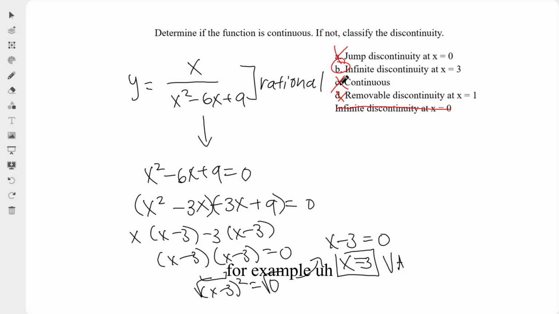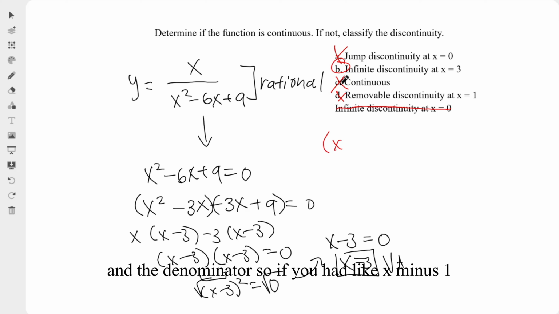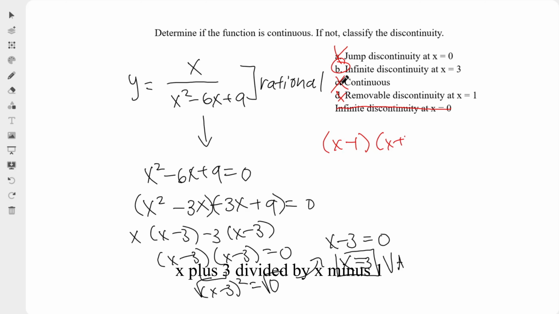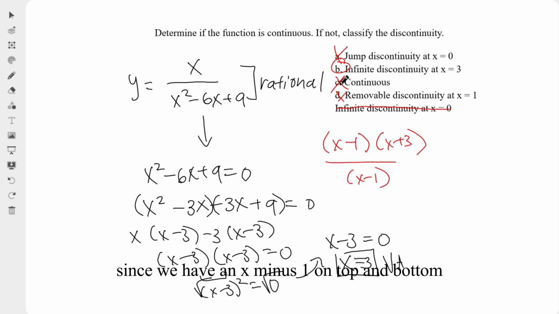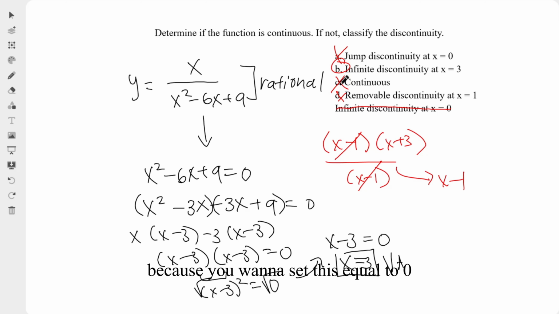For example, a removable discontinuity is when you have a factor that cancels in the numerator and the denominator. So if we had like x minus 1, x plus 3 divided by x minus 1, since we have an x minus 1 on top and bottom, these would cancel. And that would mean a hole at x equals 1, because you'd want to set this equal to 0, and we'd get x equals 1.